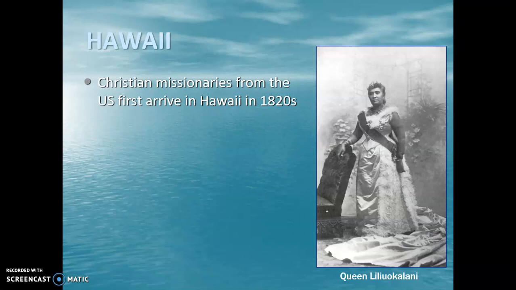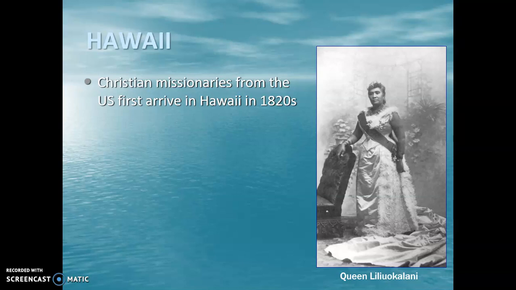Hawaii, again, we talked about this a little bit before we left in the original intro to imperialism, but I don't want you guys to think that during the imperialistic period this is the first time that we've ever set foot on Hawaii. We've actually been there, like this says, since the 1820s. We get there and we kind of start mucking things up in terms of the power that's already there.